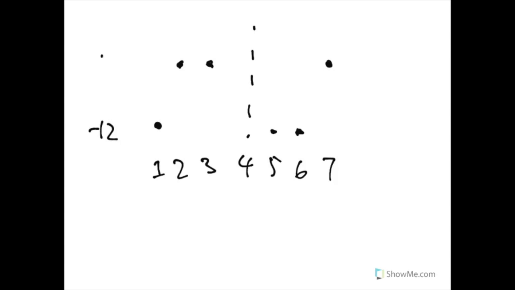This is negative 12, and this is 12. You might be able to notice that 4 is right in the middle of all of these 6 points that we are given. And your intuition might say that the function essentially is reflective across 4.